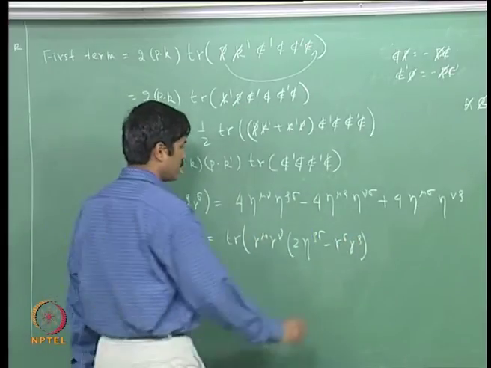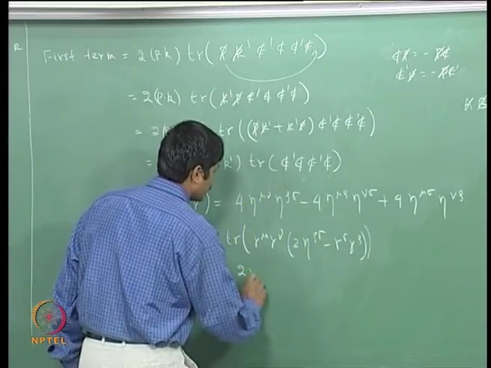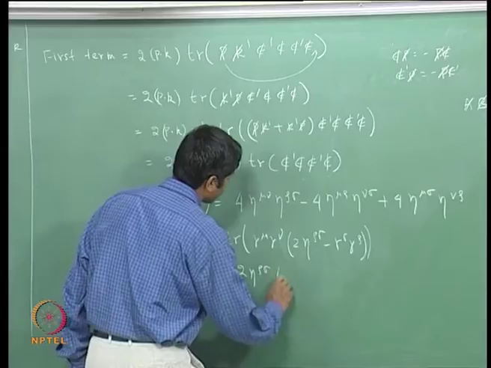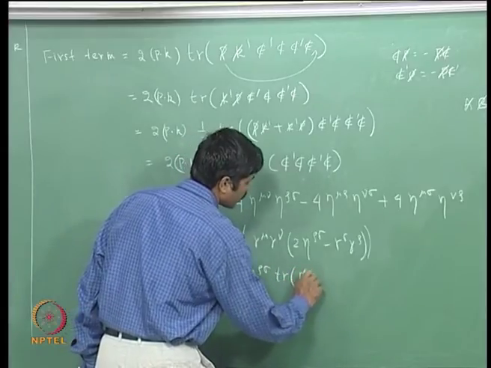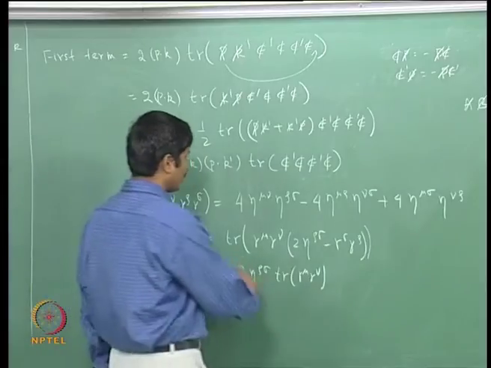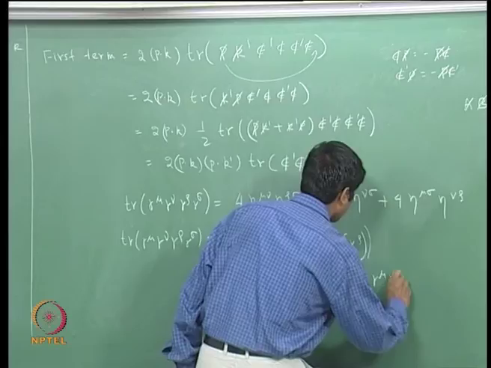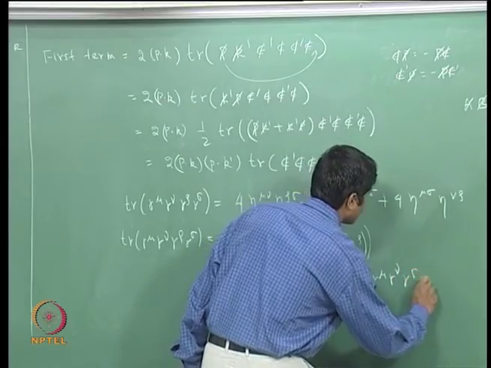All right. So, this is twice eta rho sigma trace gamma mu gamma nu, and then minus trace of gamma mu gamma nu gamma sigma gamma rho.